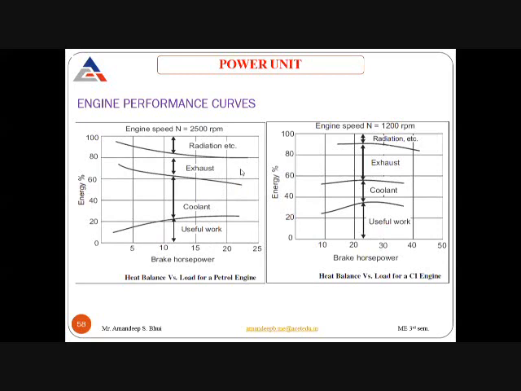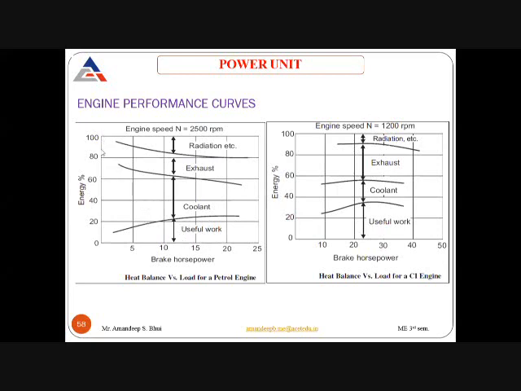Then the rest of the energy loss is through radiation heat transfer. It is less at lower brake power, and as the engine power starts to increase, the radiation heat transfer starts to increase. So this is how the various heats vary.